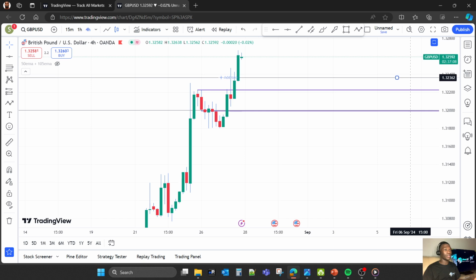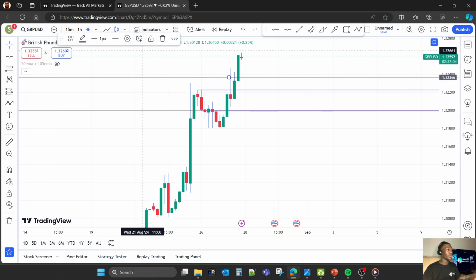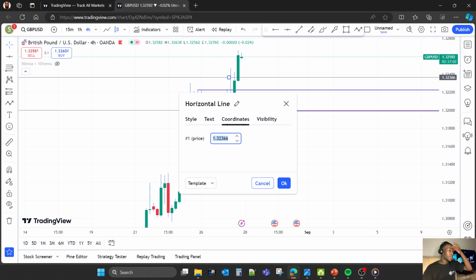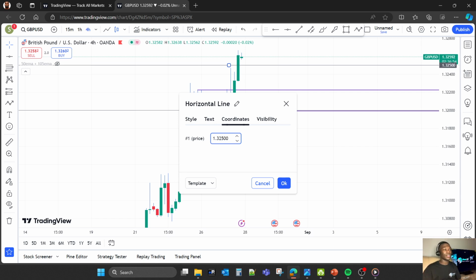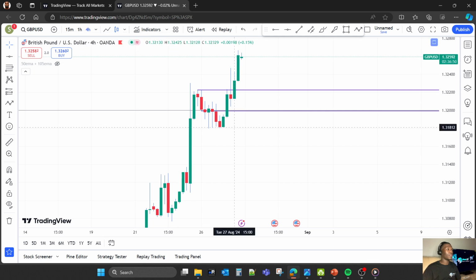Somewhere here, but we have to be more accurate, like we said. 1.32500. Okay, this is my next cycle level, and then I'll click okay, and then I'll lock it.